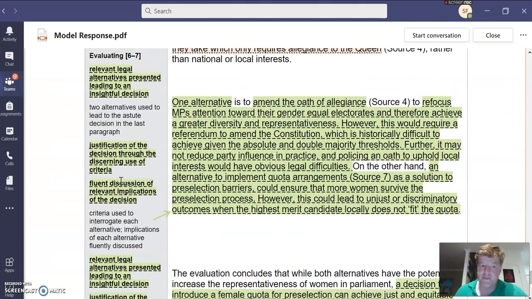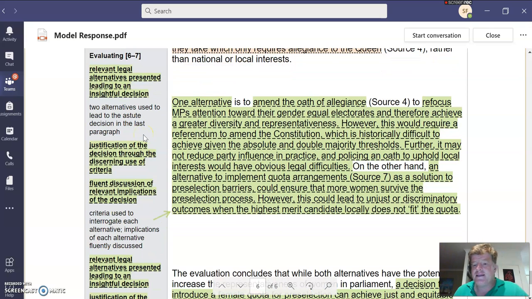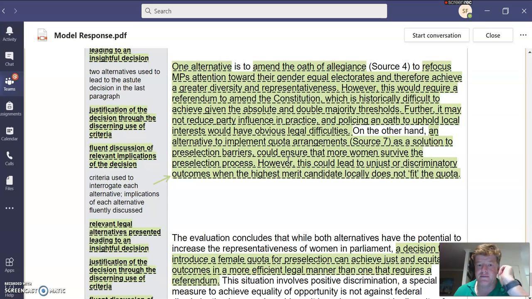The second criteria now asks us to evaluate relevant legal alternatives presented leading to an insightful decision. And again, they've been really clear as to what they're doing here. One alternative is to amend the Oath of Allegiance, right? So they talk about that as the first possibility, to refocus MPs' attention towards gender equal electorates, so they're better representing their electorate.